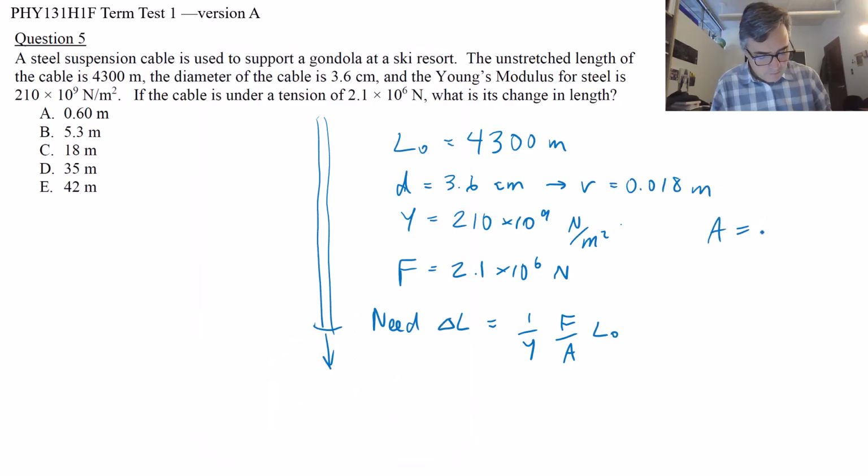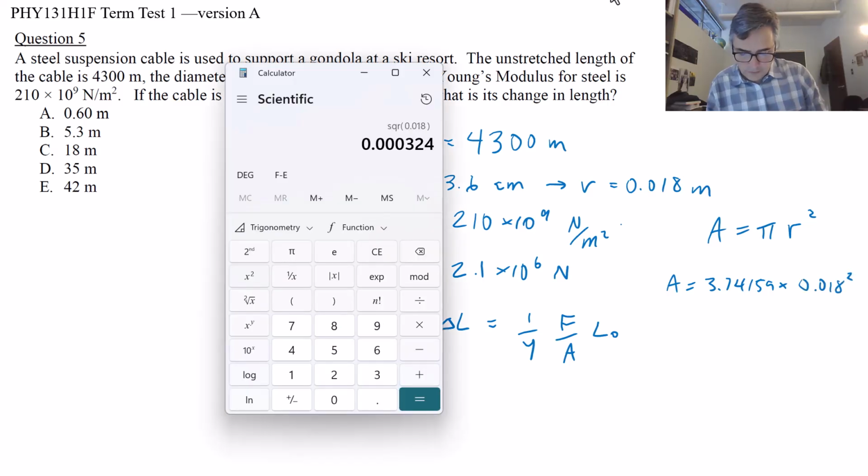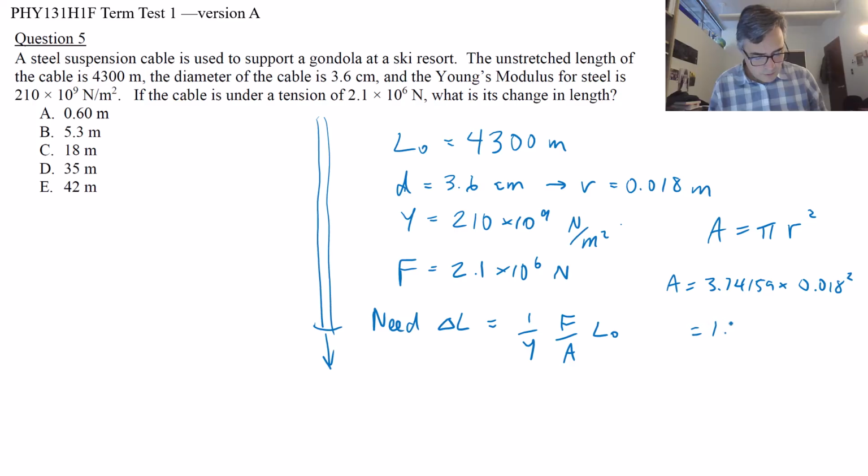And the area of a circle, I assume this is a circular cross-section here, is pi times r squared. And so A is equal to 3.14159 times 0.018 squared. So square that and times it by 3.14159. And I get the area is 1.018 times 10 to the minus 3 meters squared.